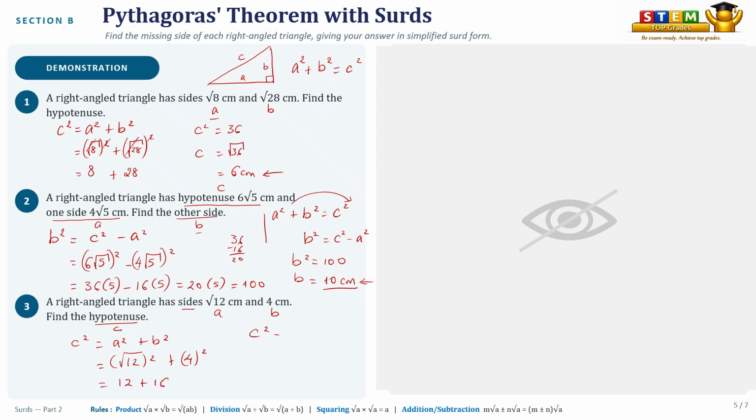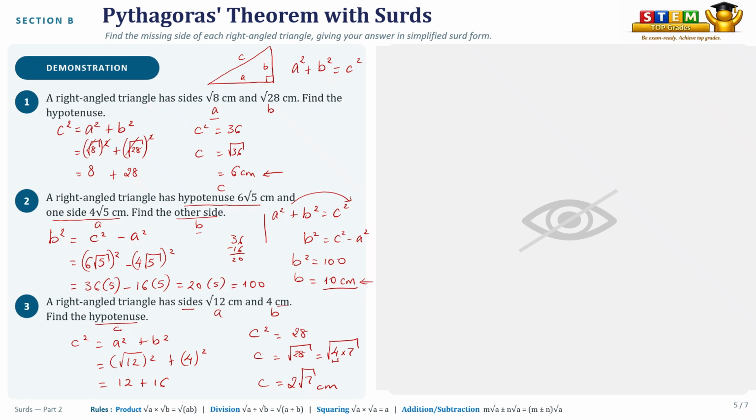So C squared is going to be equal to 28, C being the square root of 28, and that is 4 times 7, which means you can extract 2 from that square root, and then you get root 7. So C equals 2 root 7, and again, the unit is centimeters.